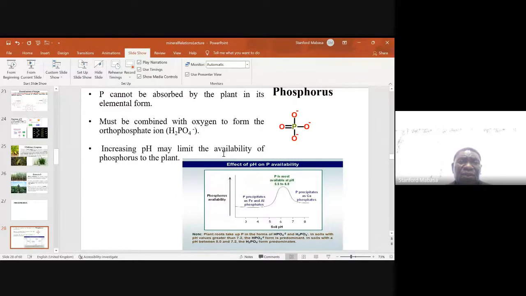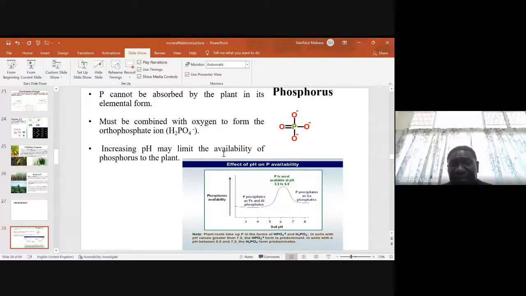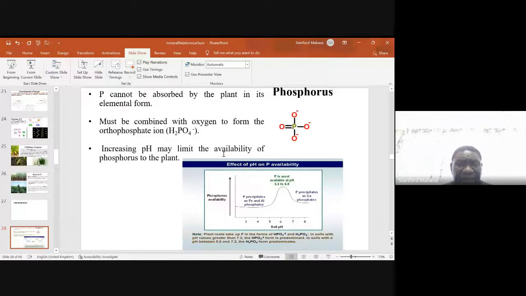Now, phosphorus cannot be absorbed by the plant in its elemental form, but it's absorbed as an orthophosphate from the soil. Its uptake is mostly affected by the pH environment in the soil.